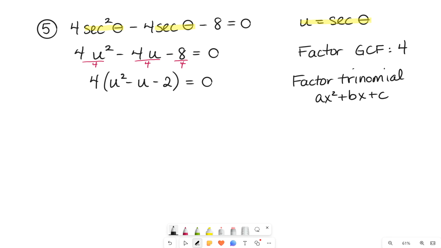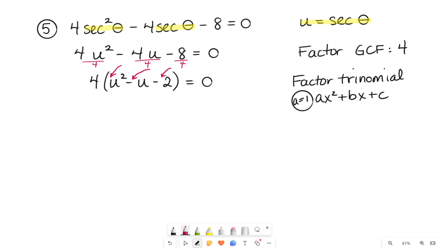So recall, when a trinomial is written in ax squared plus bx plus c form, especially when your a is 1, there is a questioning technique. In this problem, our a is 1, and when I'm talking about a, I'm talking about the a right here.